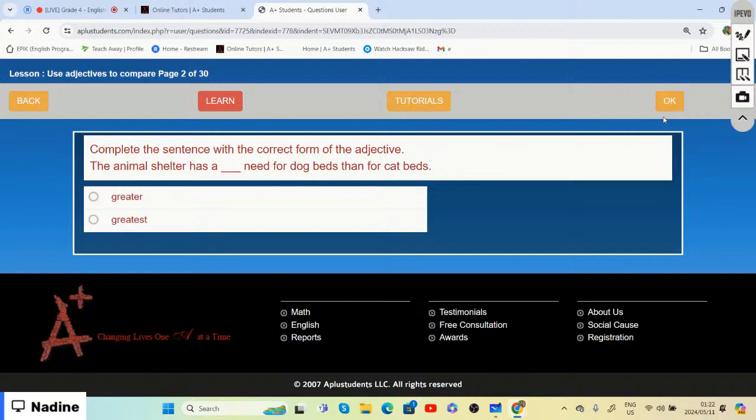The animal shelter has a, do we say, greater need for dog beds than cat beds? Or the animal shelter has a greatest need for dog beds than cat beds?